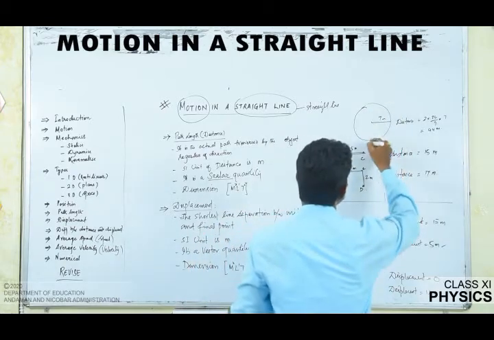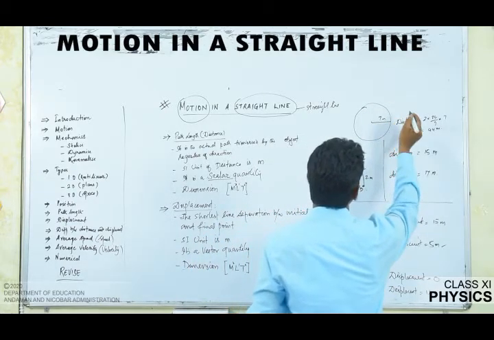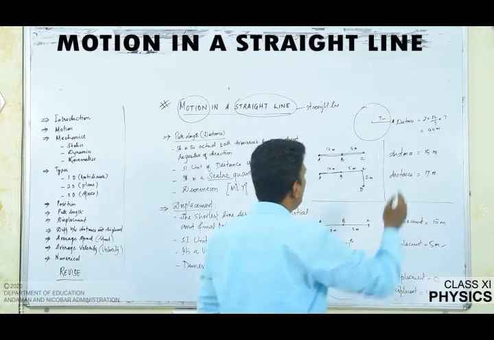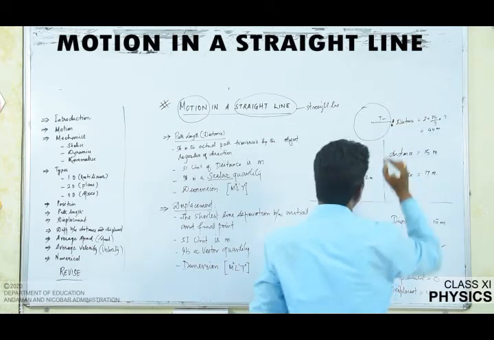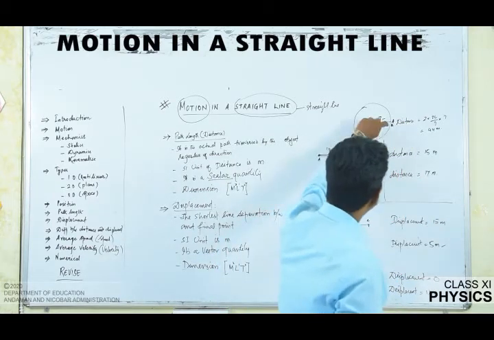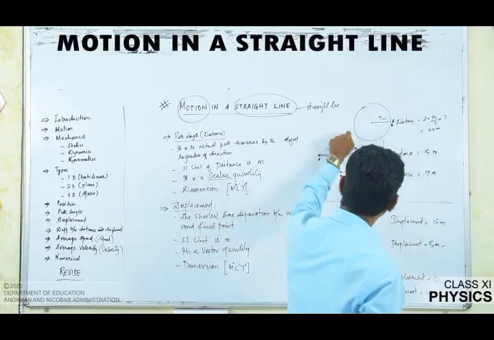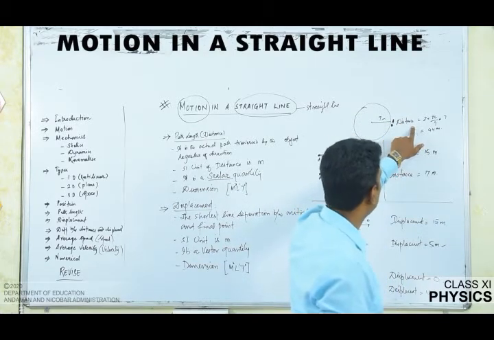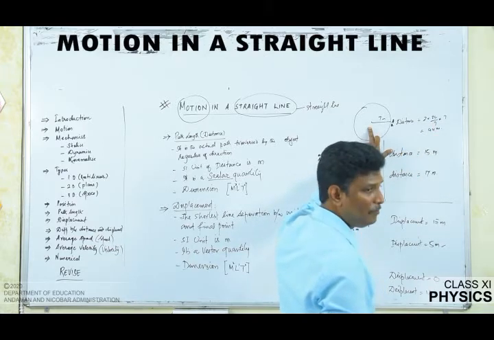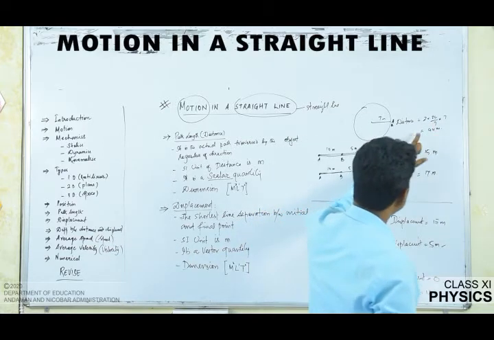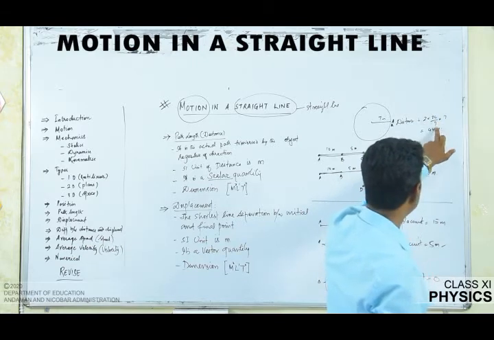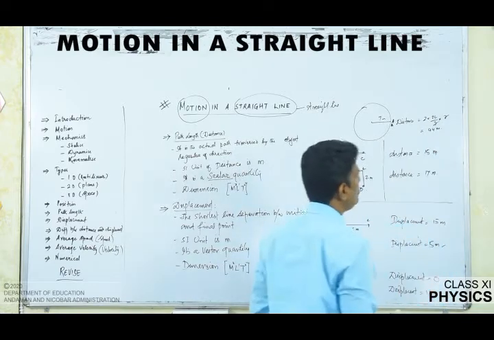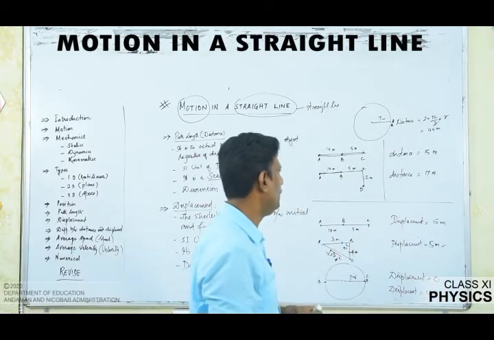A boy covers a full circle, say this is the initial point and this is the final point, the boy starting from here and ending at the same point. So the distance here will be 2 pi r, since it is a circle. The circumference of the circle is 2 pi r, 2 into 22 by 7 into 7. The 7s will get cancelled, we will have 2 into 22, that is 44 meter.